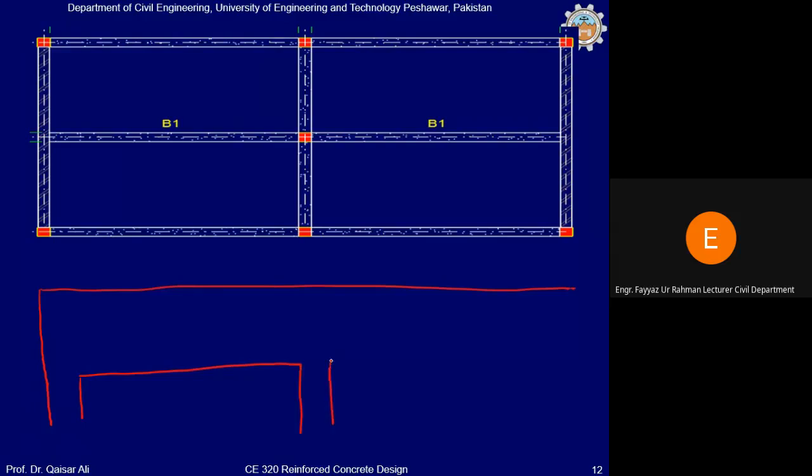These are the columns on which the beam is supported. Okay. So what we will do, we will provide 4 bars in the bottom. We will provide a hook at the end. ये हम lectures 5 में पढ़ेंगे.